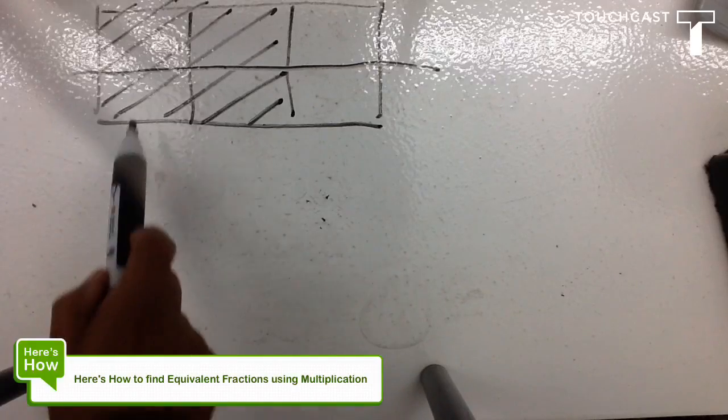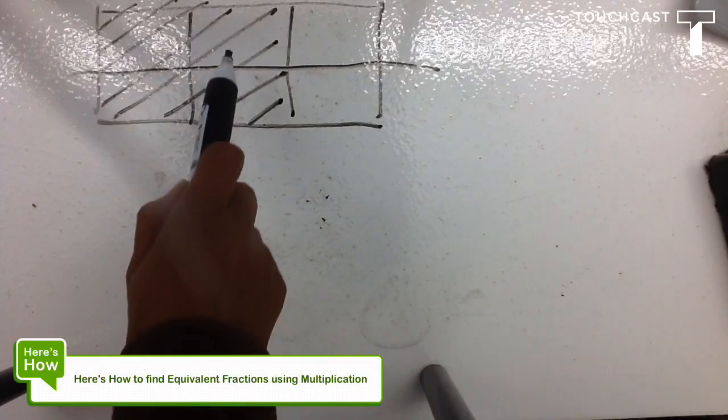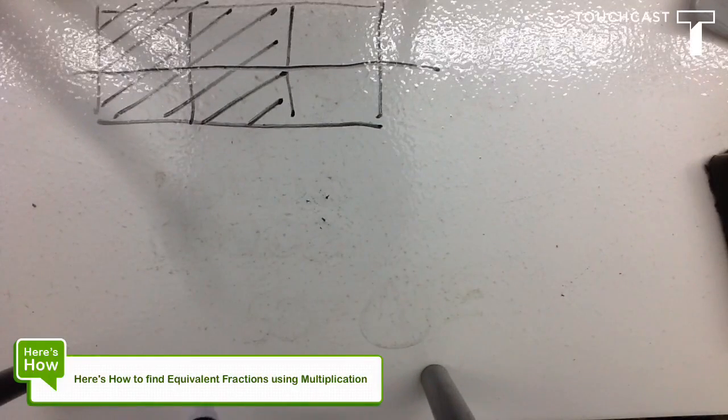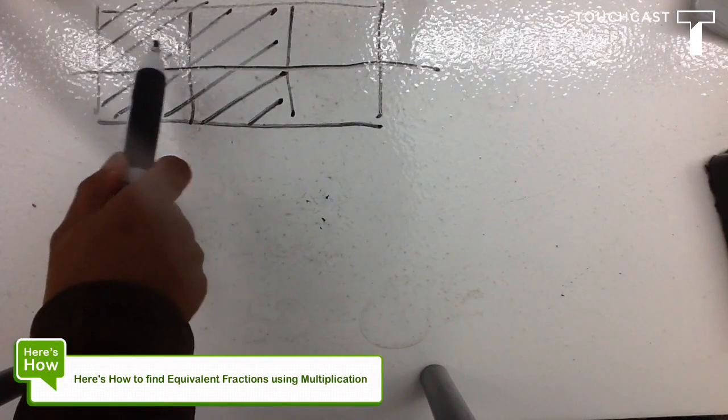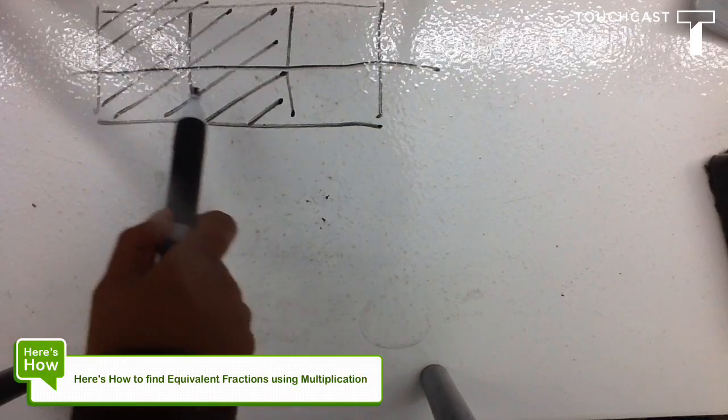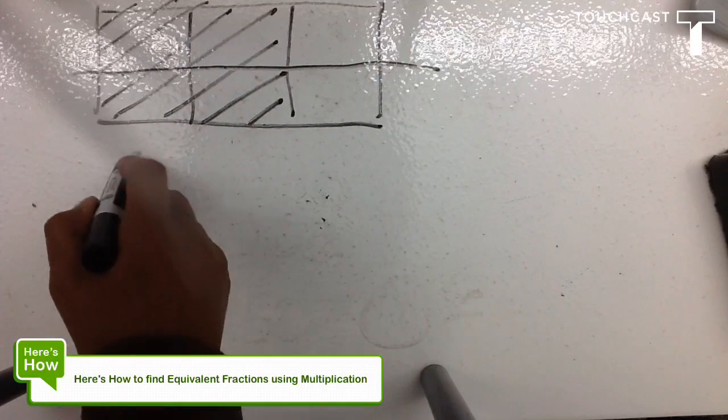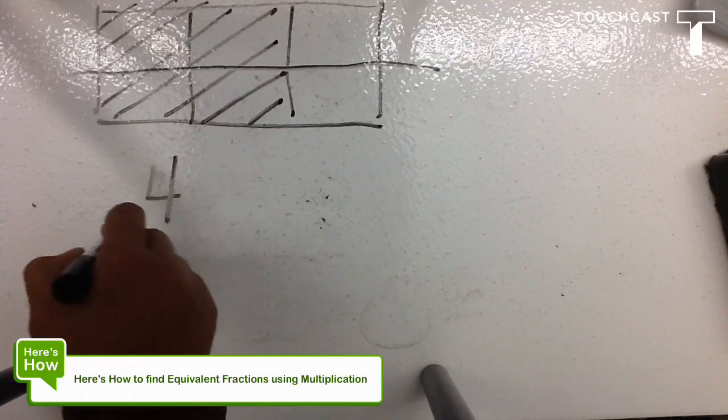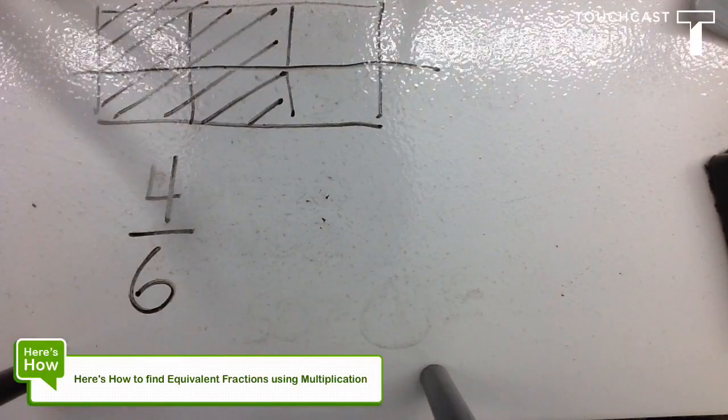Now my whole has 1, 2, 3, 4, 5, 6 pieces. So we're talking about sixths. How many pieces are now shaded? 1, 2, 3, 4. So my fraction now is 4 sixths.